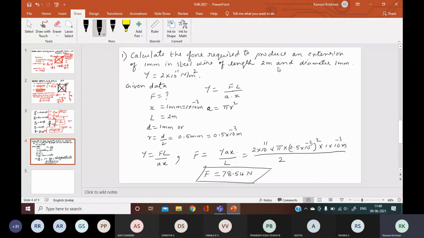Students, just check it. We go for one more and then I will log off. Same type, one more. The extension, 2 meter, and radius.